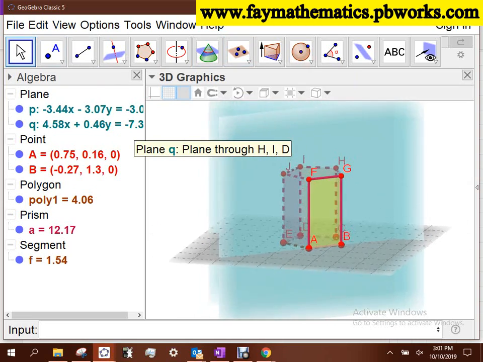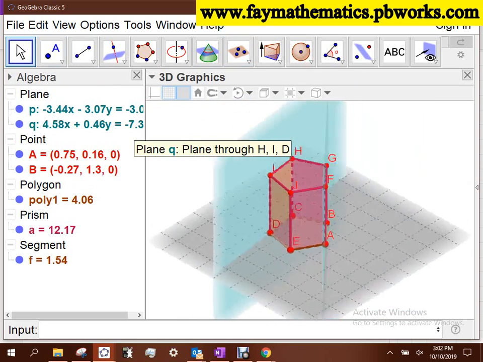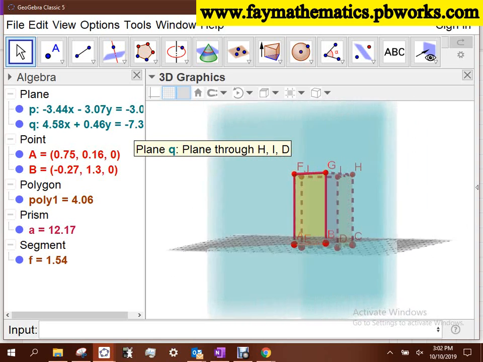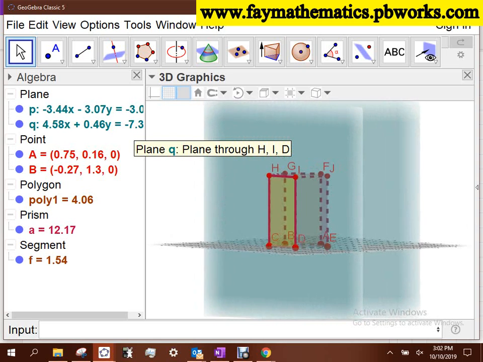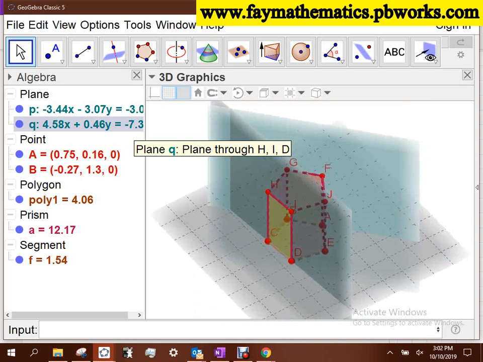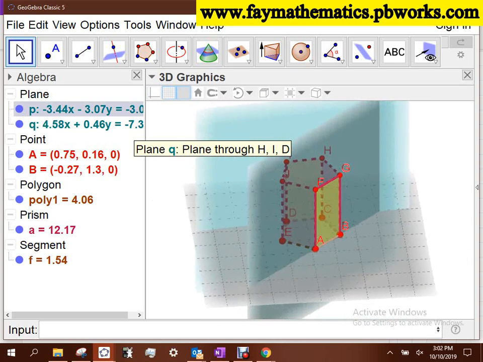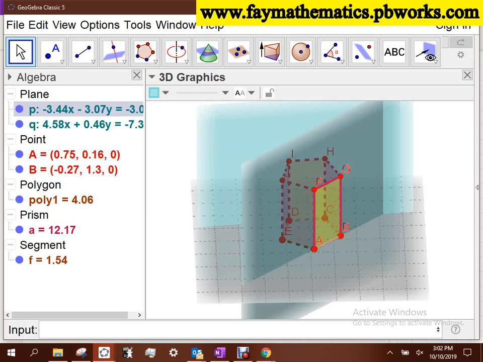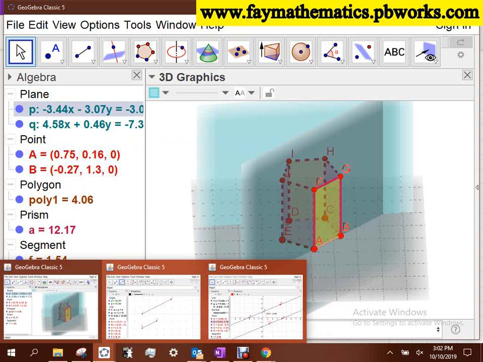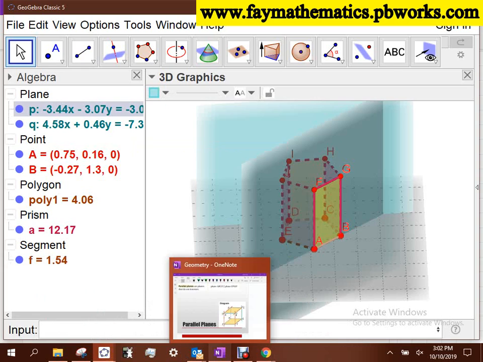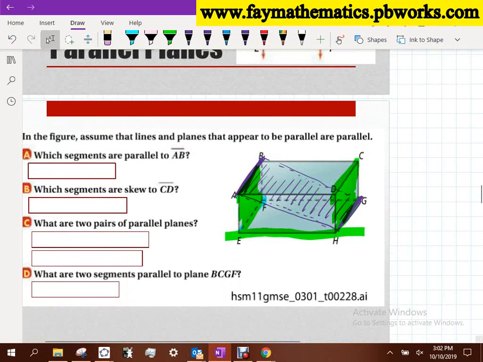Does that make sense to everybody? So we would not be able to say that those yellow planes are parallel, because the full plane is whatever color that thing is and whatever color that thing is. We just have to remind ourselves of that as we're analyzing whether things are parallel or not.